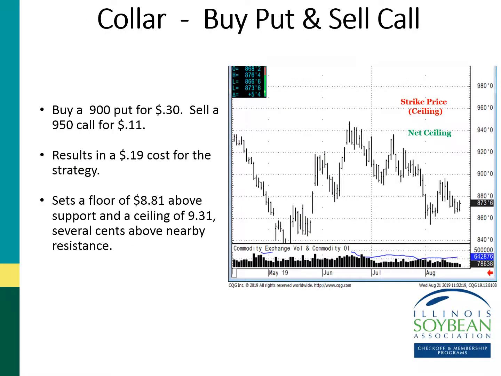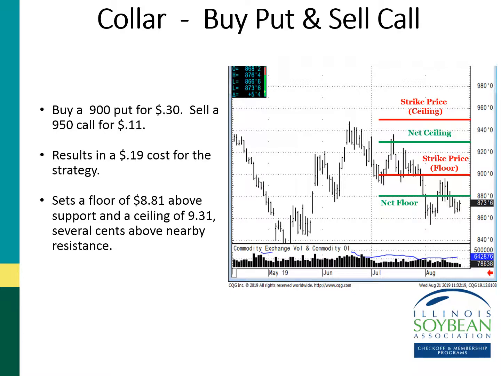And finally, we'll take another look, as we did last week, at what we call a collar. I don't think we actually called it out by name in our last presentation, but it's where we buy a put and sell a call. And this is sort of comparable to a min-max cash contract. So we look at buying a $9 put for 30 cents.